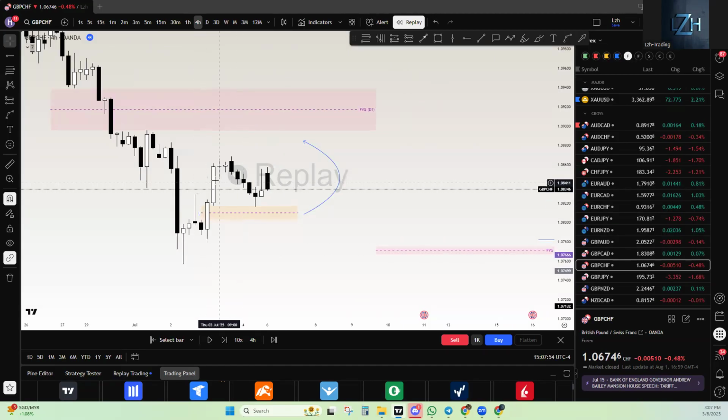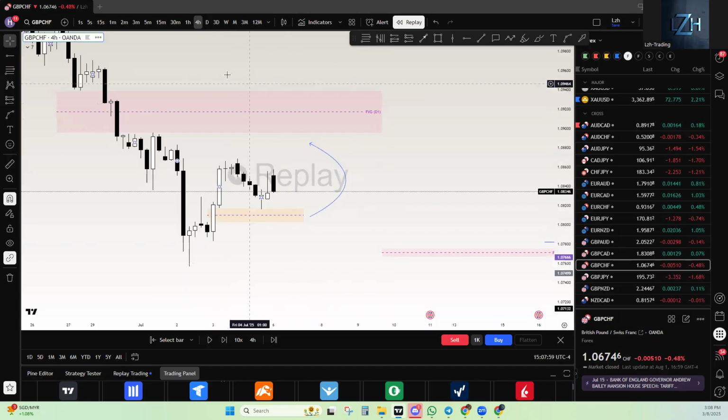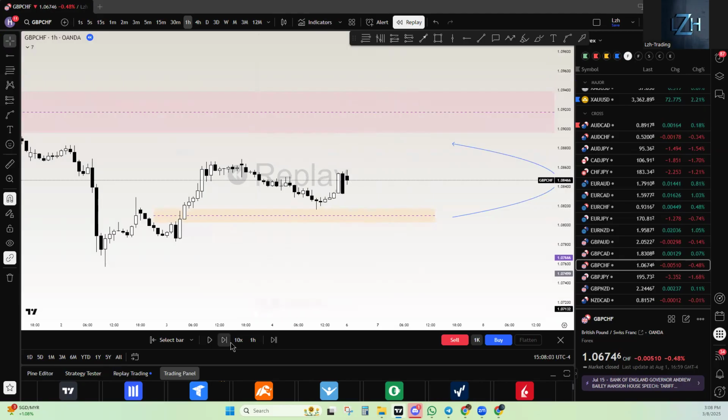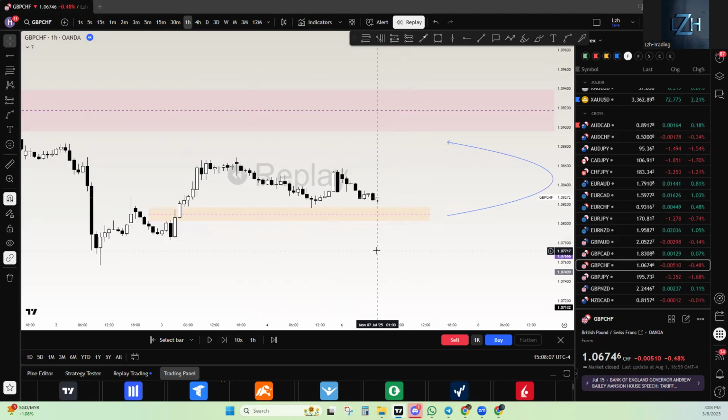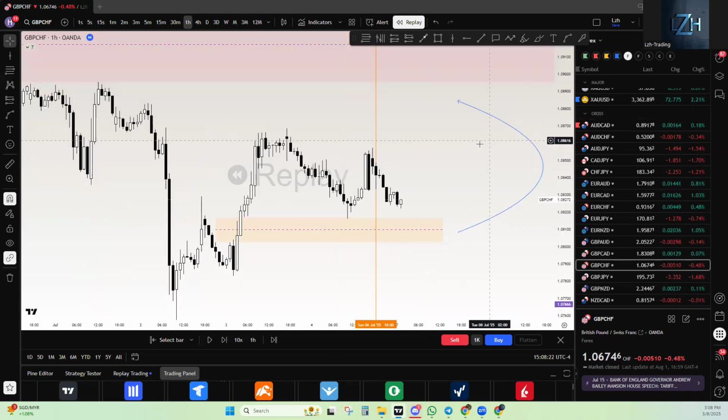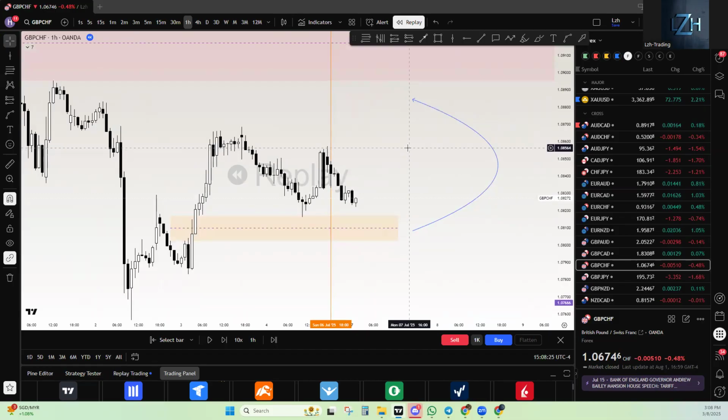I see two large gaps over here, and if I'm not wrong, it's somewhere like that, which is the Monday midnight. So market opens somewhere here. This is Sunday night for me, so this is a Monday morning for the Asia timing.